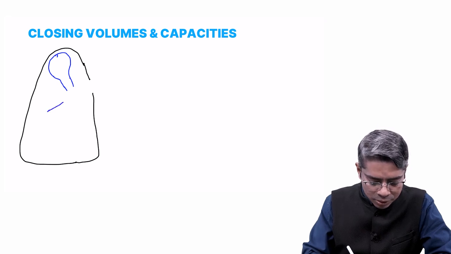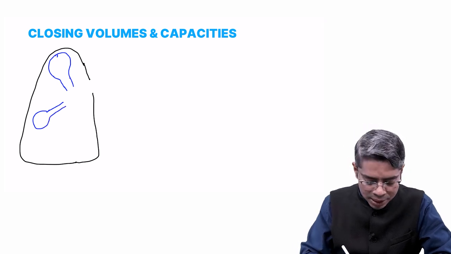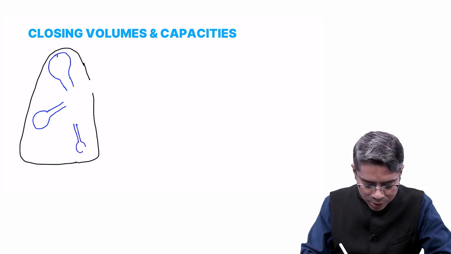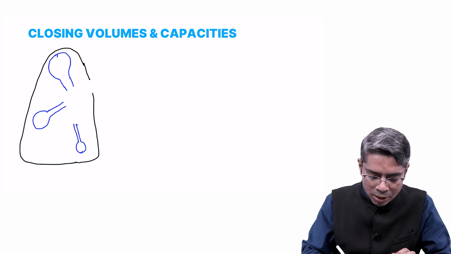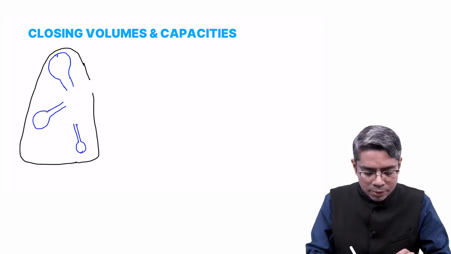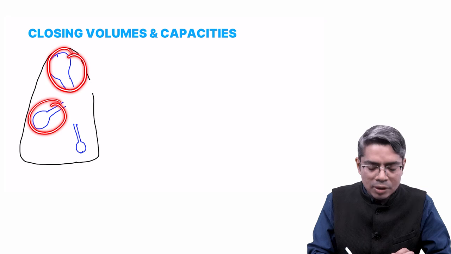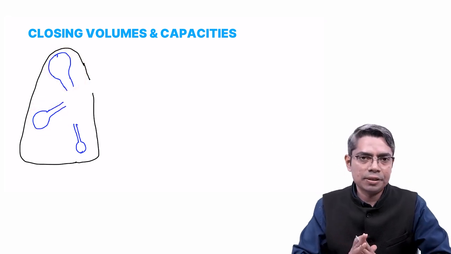So, if I draw alveoli in three different zones, one is the apical alveoli, one is the middle zone alveoli, and one is the basal part of the alveoli, then all of you know from previous discussion that the size of the alveoli is smallest at the level of the base of the lung, okay, followed by middle, and apical alveoli are the largest in size.